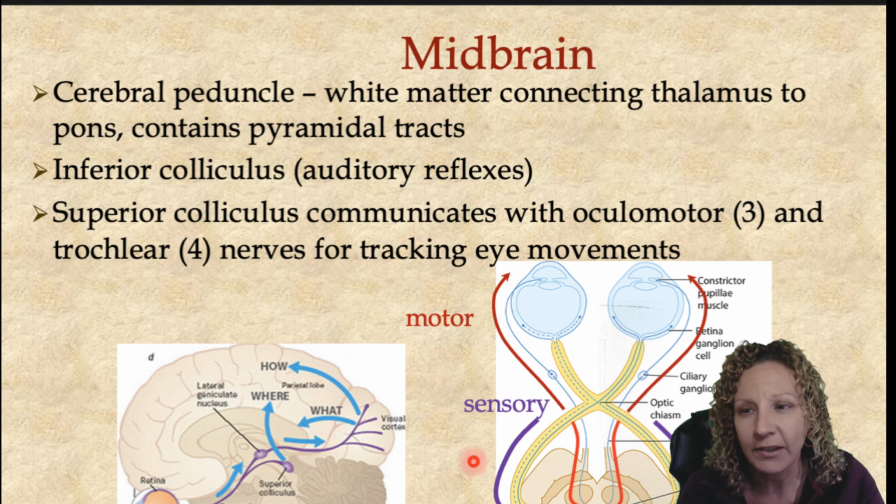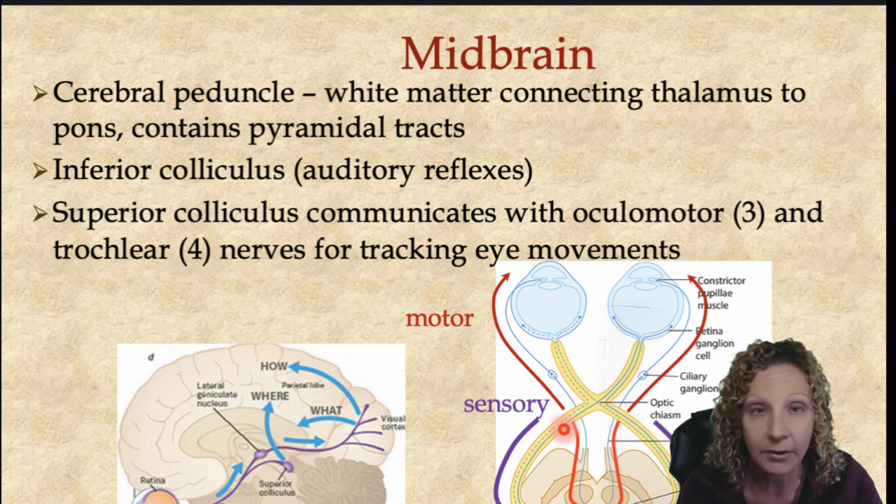So that's what this image is talking about. They're showing the optic nerve and the crossover. That's another thing that we see in the sheep brain. We see the optic nerve, the crossover, the optic chiasm, and we see information coming in here.